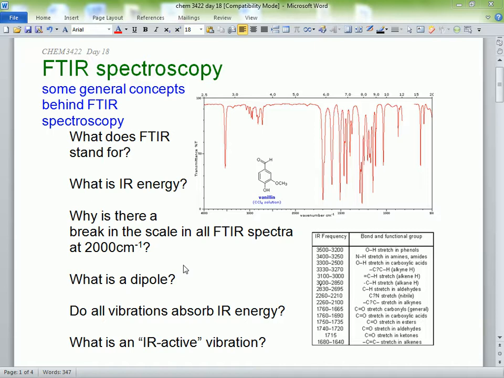Okay, what's a more common name for IR? Infrared, but what's the layman's term?